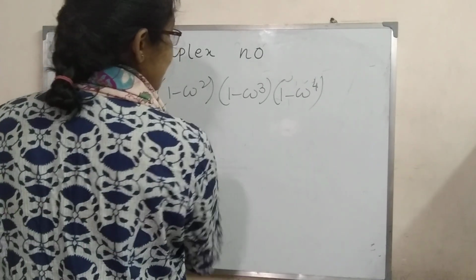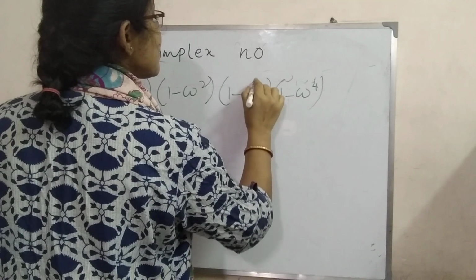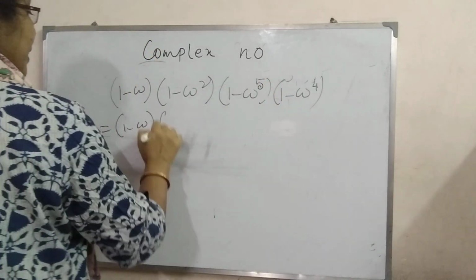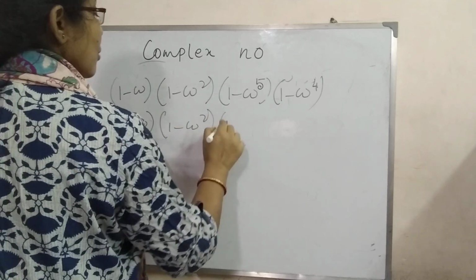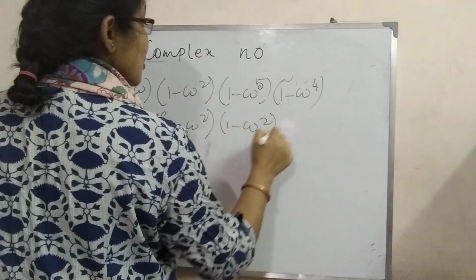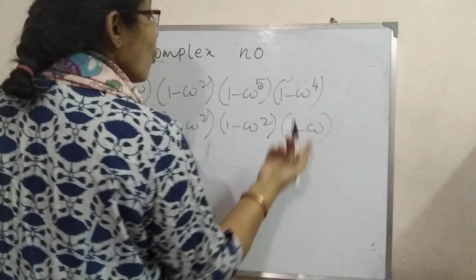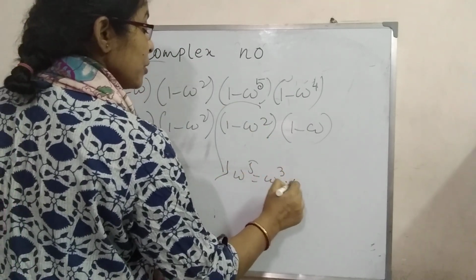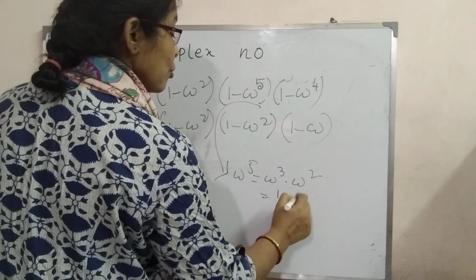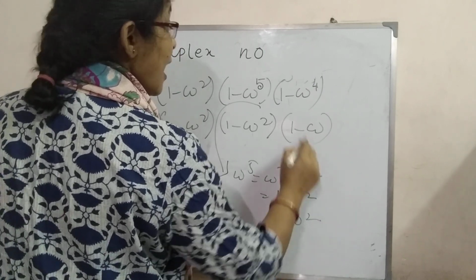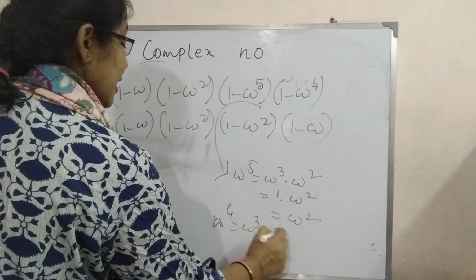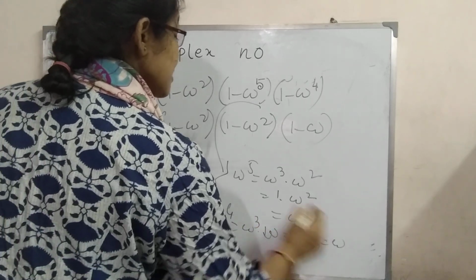And if I have omega to the power 5, why? Omega to the power 5 equal to omega cube into omega square, that is 1 into omega square, that is omega square, and omega to the power 4 equal to omega cube into omega, that is equal to omega.